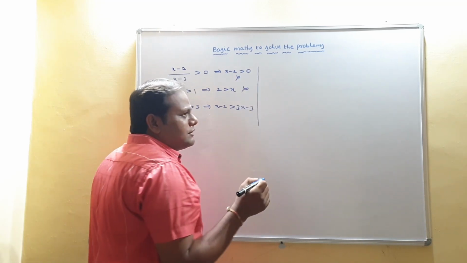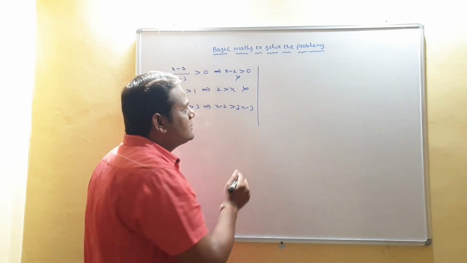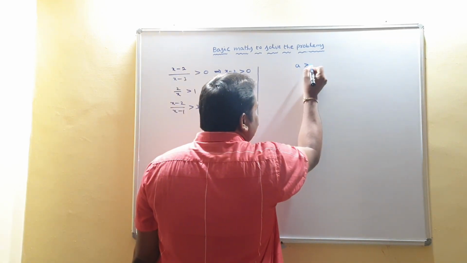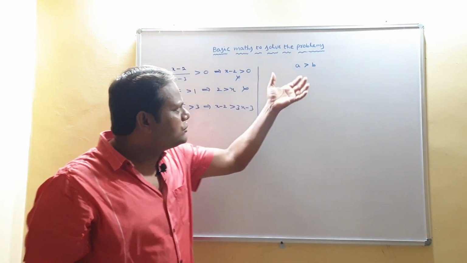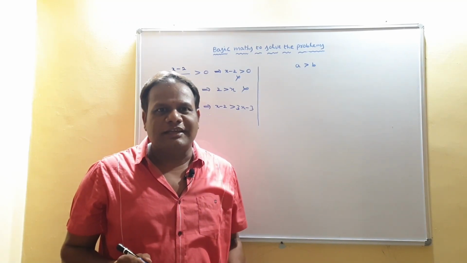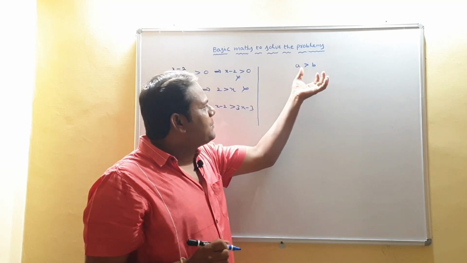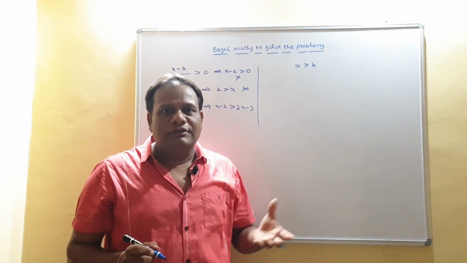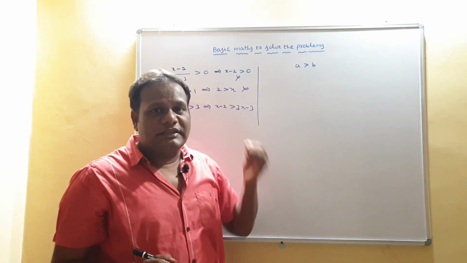Coming to inequations, we have one golden rule. Suppose a is greater than b. If on both sides you add one number, there is no change in the inequation sign. Or if you subtract one number, then also there is no change in the inequation sign.